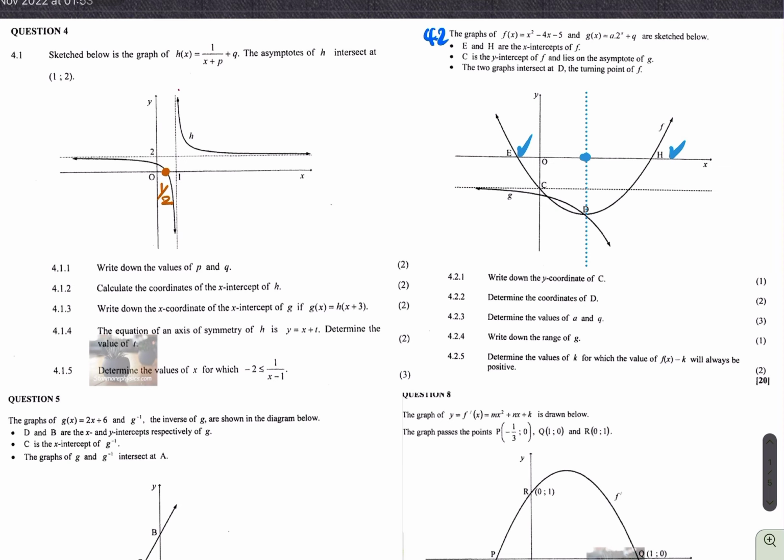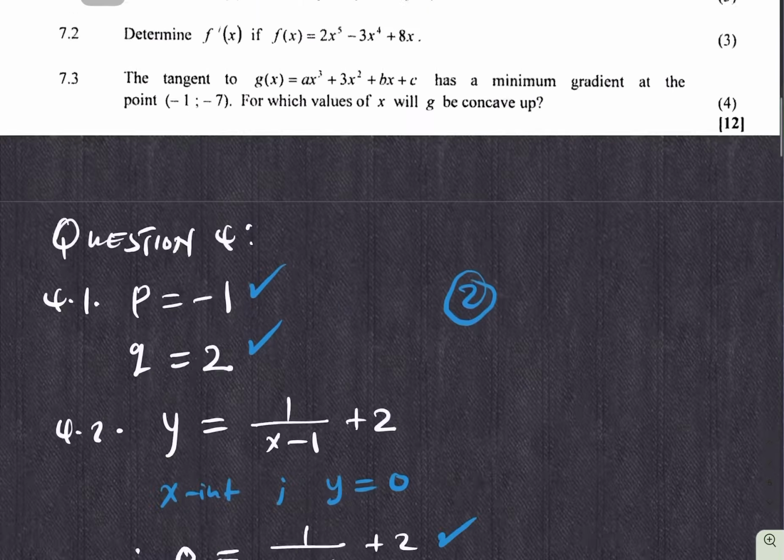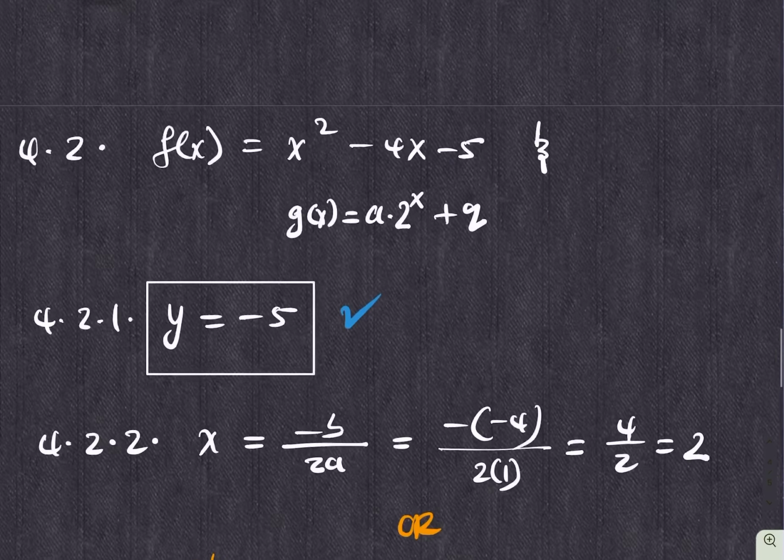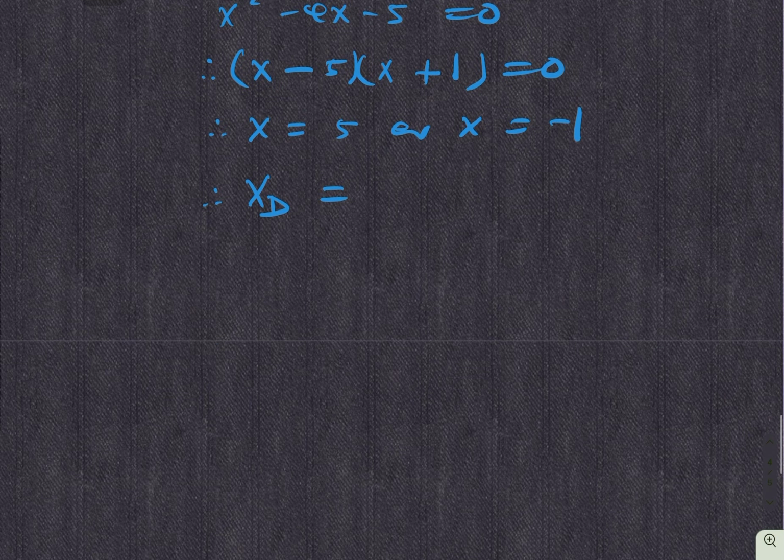When you add those two values and divide by 2, they give you the x value of the turning point, which is the axis of symmetry. So 5 plus negative 1, divided by 2, gives 4 over 2. As a result, you get 2.